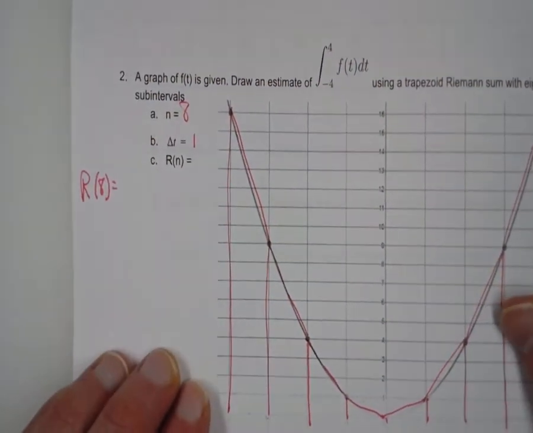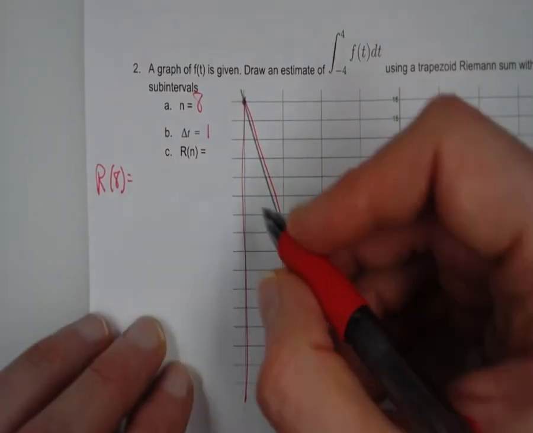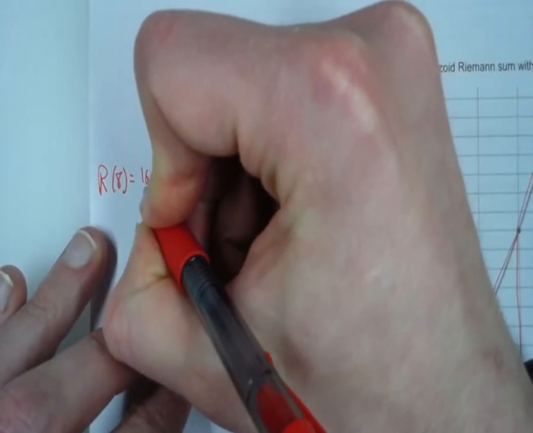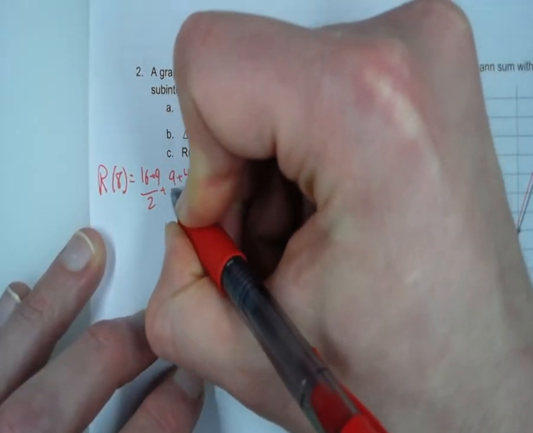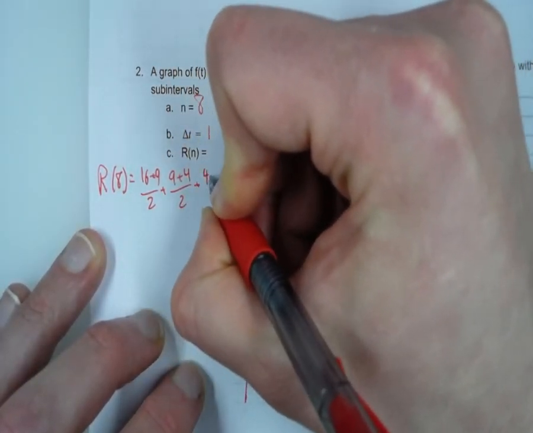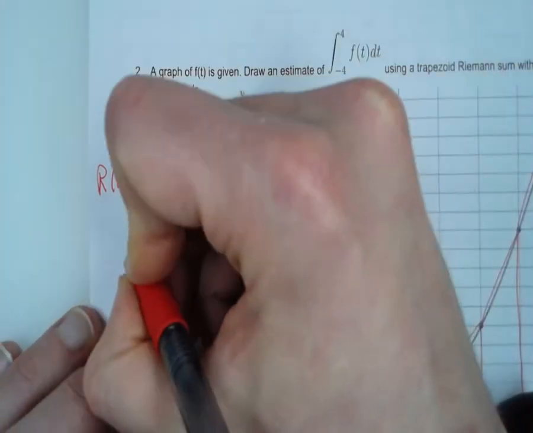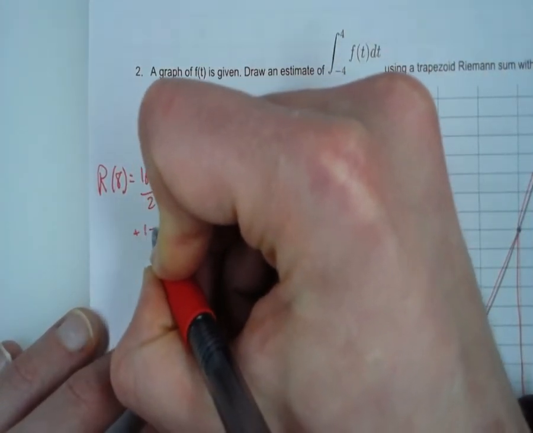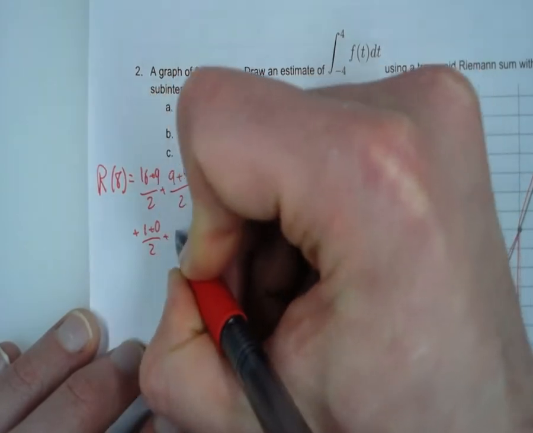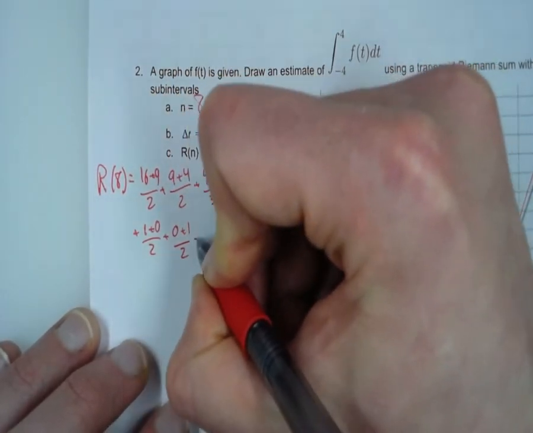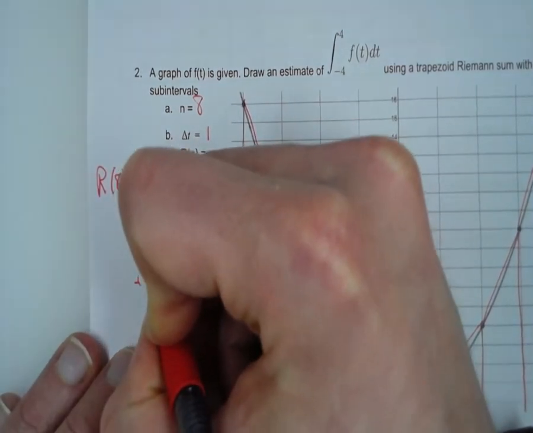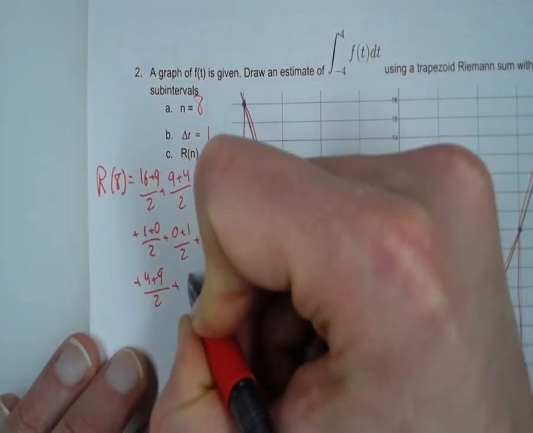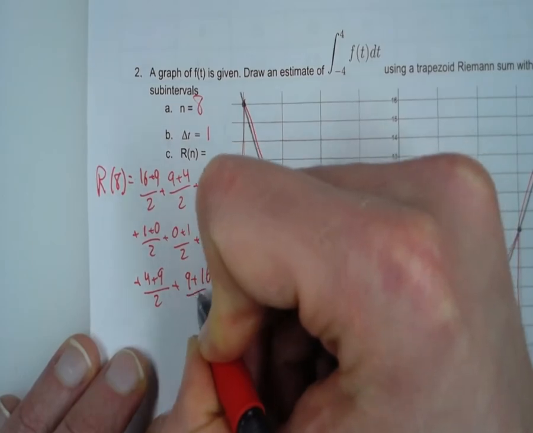And it's going to be a little cluttered writing them all, but I want to make sure that you see them all written out. So we go 16 and 9 for the first one, and then 9 and 4 for the second, and then 4 and 1 for the third, and then 1 and 0 for the fourth, and now it just reverses. 0 and 1, 1 and 4, 4 and 9, and 9 and 16.